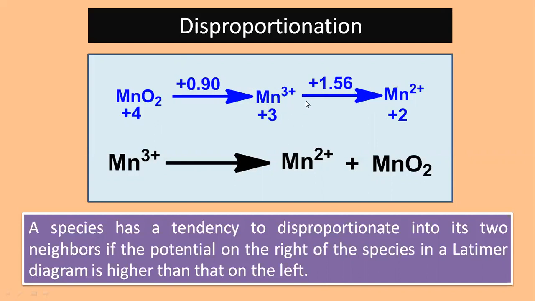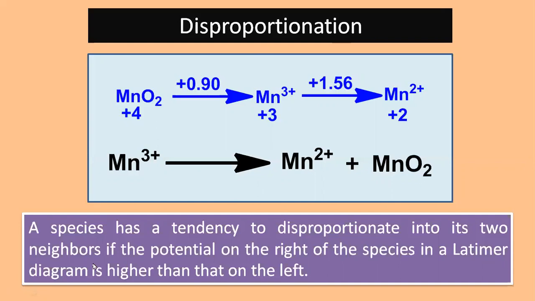So if you see, the value 1.56 is larger than 0.90, that means this Mn3+ will undergo disproportionation. This is one of the important applications of the Latimer diagram. It says that just by looking at the diagram, you can tell whether a particular species is stable or not.